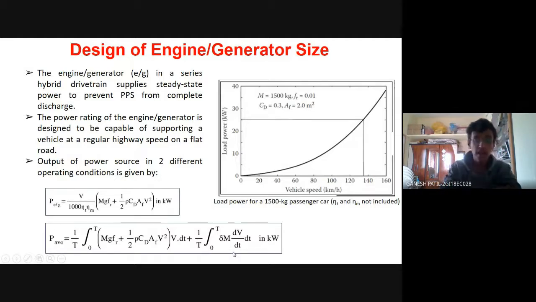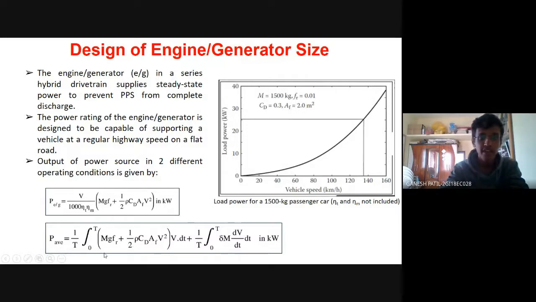So we have to sum up all the acceleration and deceleration forces in the complete drive cycle. The second term integrates all the acceleration and deceleration forces required and adds it to the power.